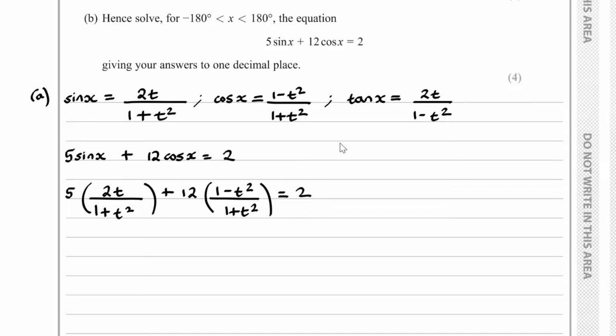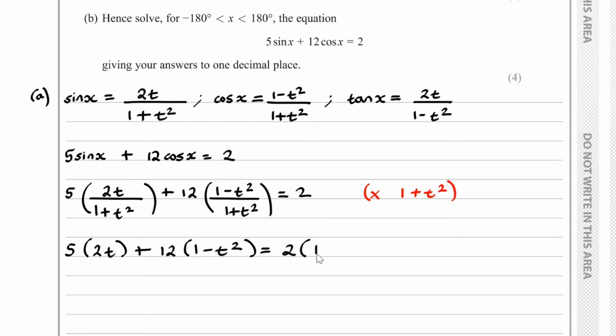And we will now multiply both sides by 1 plus t squared. And so therefore we have 5 lots of 2t plus 12 lots of 1 minus t squared equals 2 lots of 1 plus t squared. Okay?